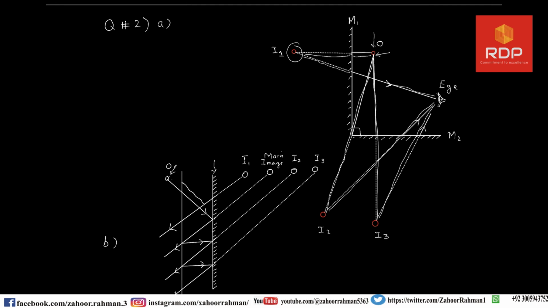You can see that this and this and this, like this and this, they are the internal reflection because the thickness is more. So the second image will be the main image we are seeing here. The third image will be I2, and the fourth image will be I4.